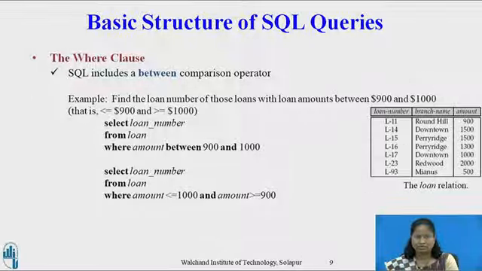Using the between operator, we can write this query as select loan number from loan where amount between 900 and 1000. Instead of the query using comparison operators: select loan number from loan where amount less than or equal to 1000 and amount greater than or equal to 900. Similarly, we can use the not between comparison operator.